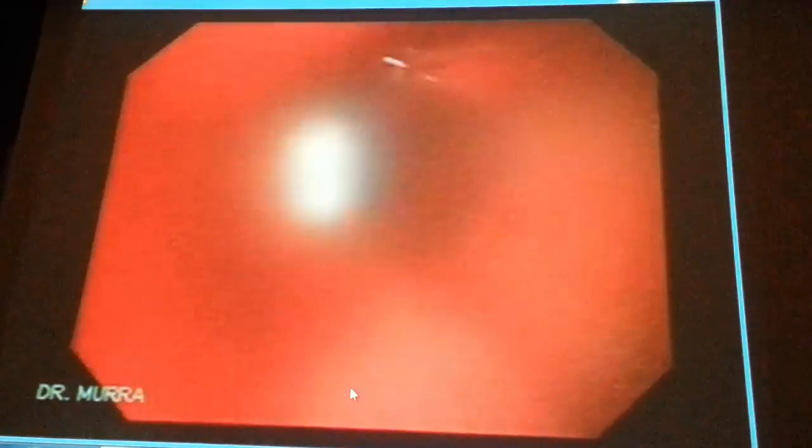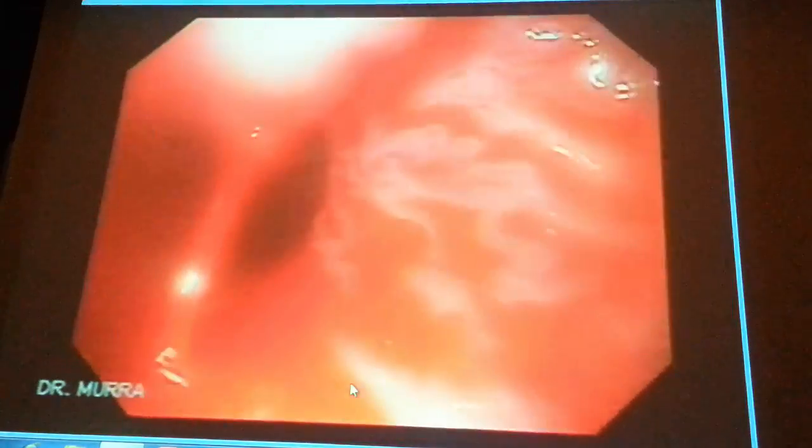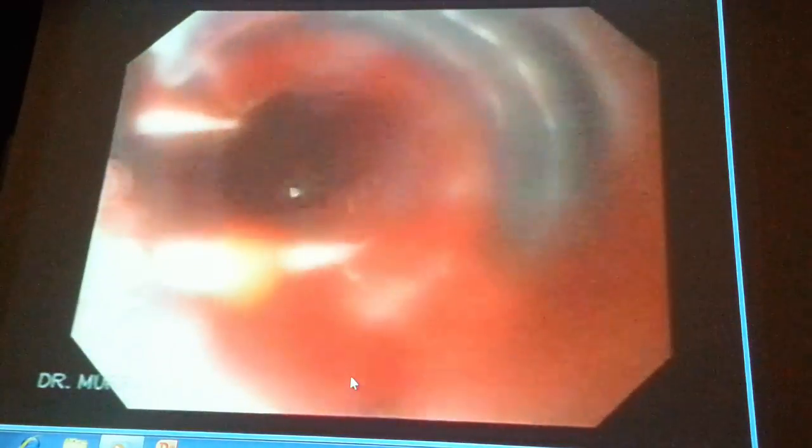So they went back to see what's going on. Look, there is no white nipple appearance anymore. There is bleeding, severe bleeding, you see. So the procedure is to band this varix.